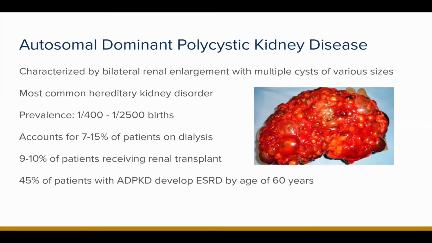And it actually accounts for a significant number of patients on dialysis and transplant, with up to 15% of patients on dialysis and around 10% of patients that receive renal transplant. And it does portray a lot of morbidity in later life, with 45% of patients with polycystic kidney disease developing end-stage renal disease by the age of 60.